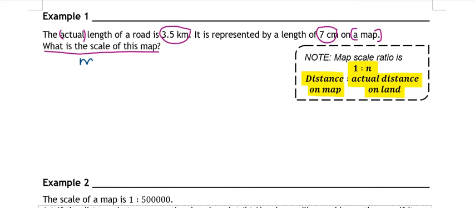Here you have map is to actual, and please identify all the units that you have. The 3.5 kilometers is the actual, so you put it below the actual. This 3.5 kilometers is 7 centimeters on the map, so you write down 7 centimeters under the map.